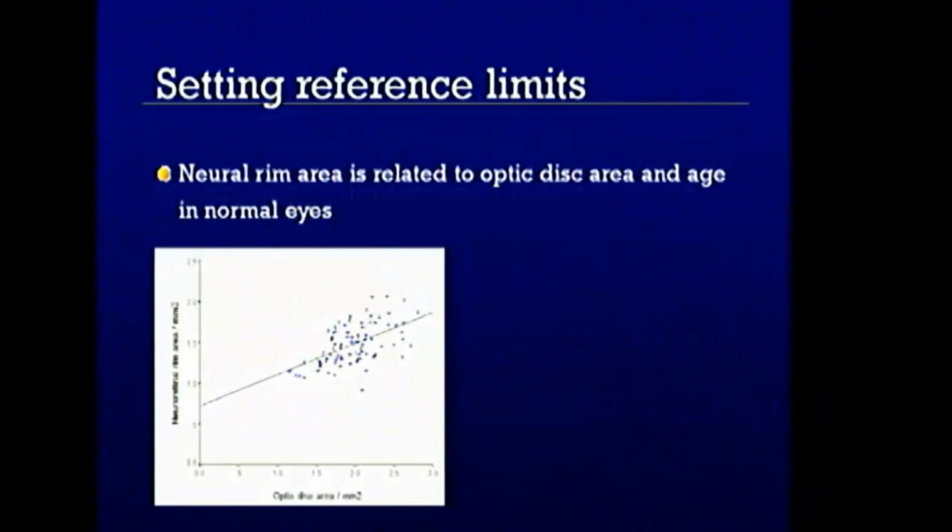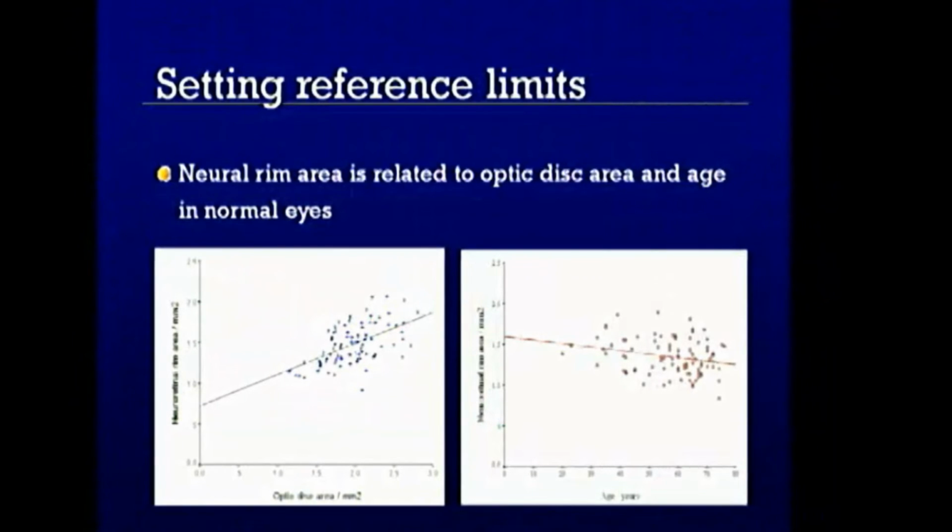So if you've got, say, a 0.6 cup in a small disc, and you've got a 0.6 cup in a large disc, as the disc gets larger, what happens to the rim area? It gets larger. This graph shows the relationship between rim area and disc size. As disc size gets bigger, rim area gets bigger. And what do you think happens to the rim area with age?